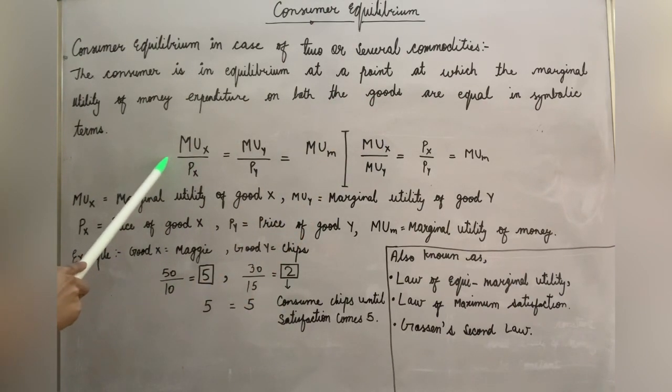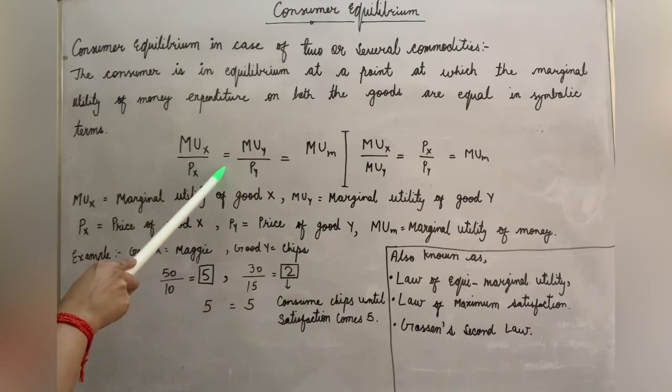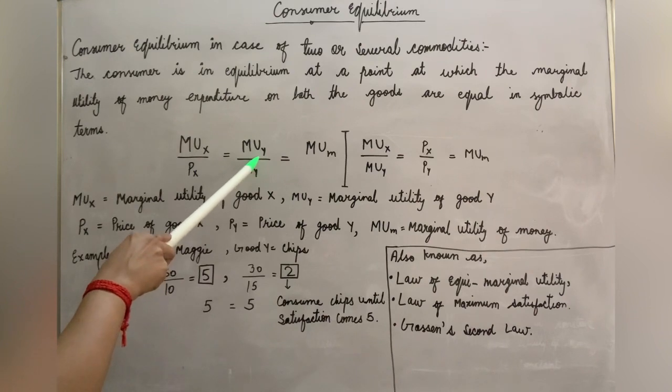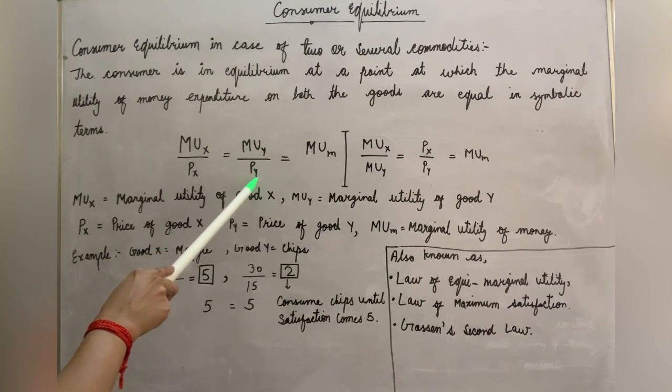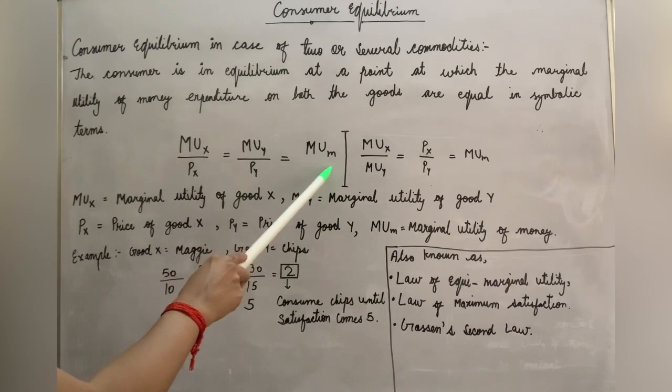Here is the formula. Marginal utility of good X upon price of good X is equal to marginal utility of good Y upon price of good Y, which is equal to marginal utility of money.